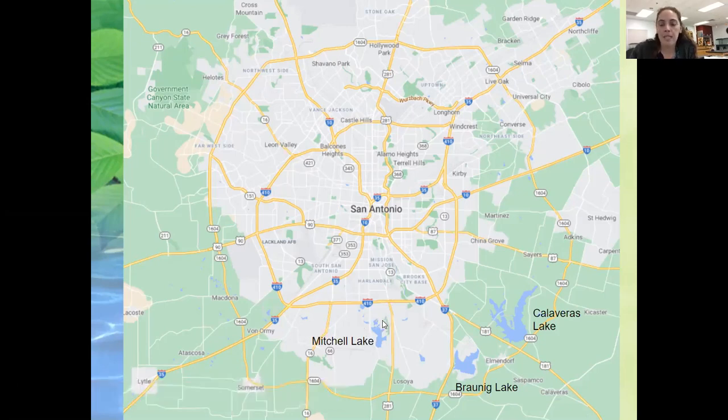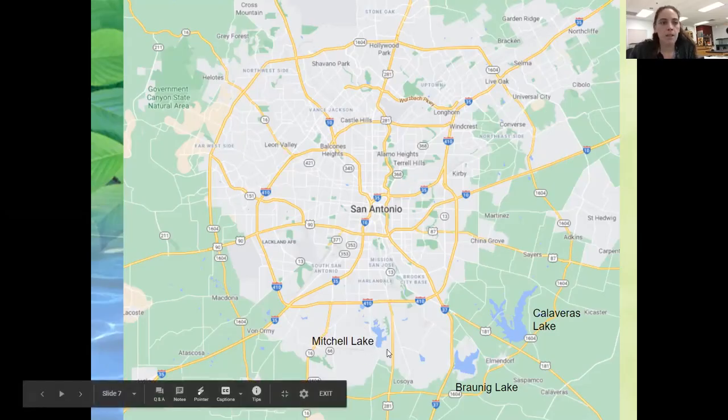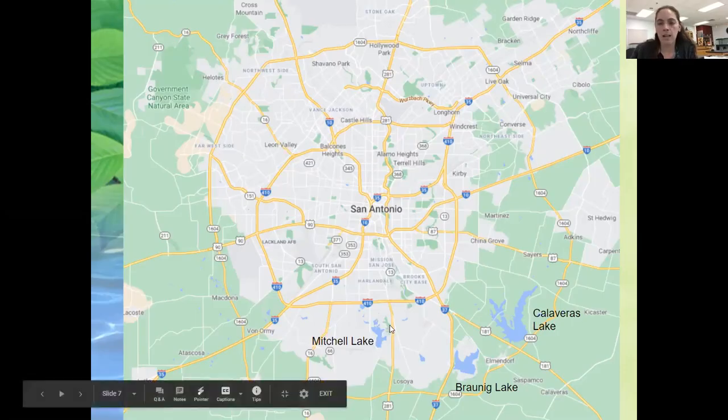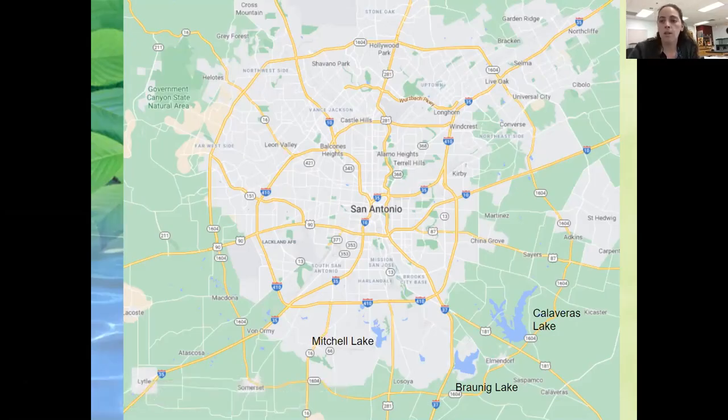From 1901 to the late 1970s, this lake was owned by the city of San Antonio, and it's where they dumped all of their untreated sewage. So prior to the 70s, San Antonio did not have the nice wastewater treatment system that we've already watched some videos and talked about.